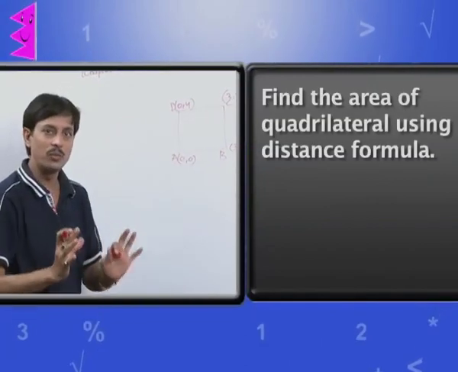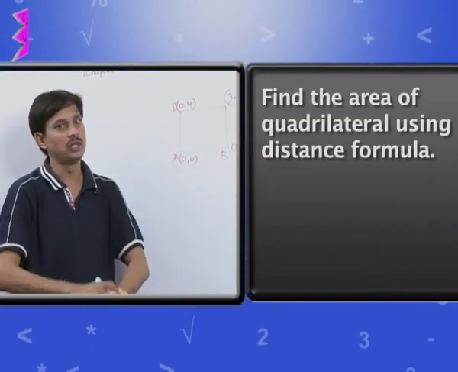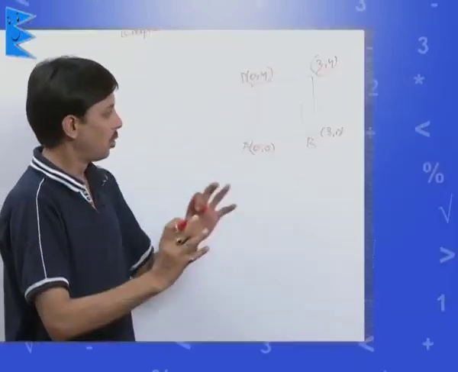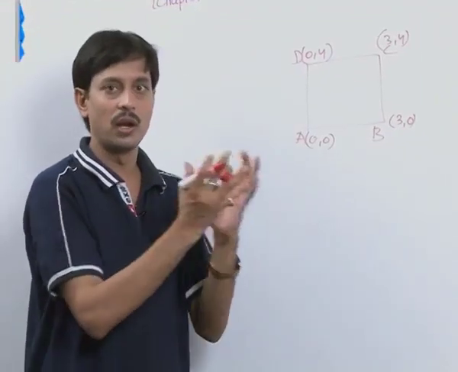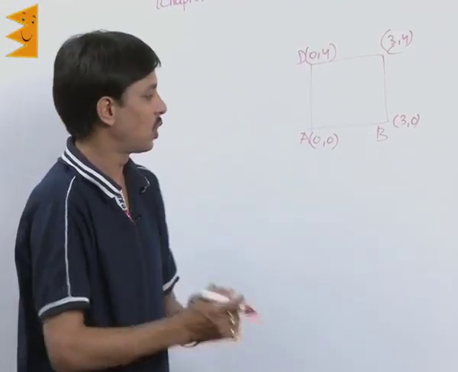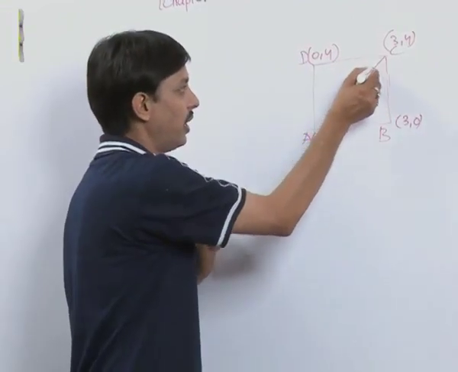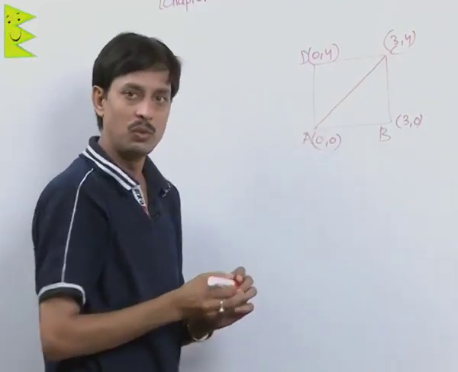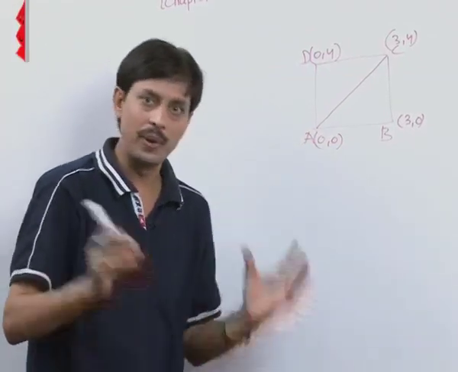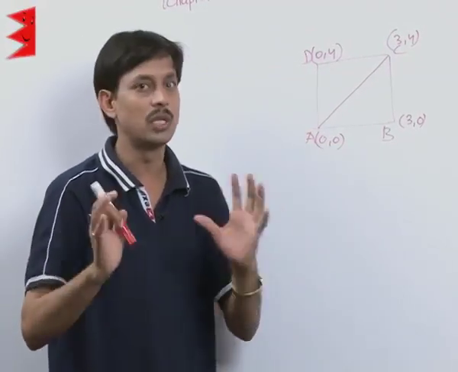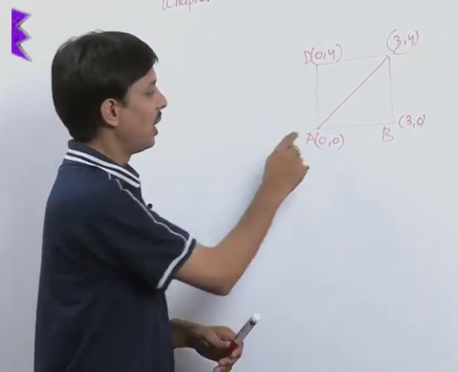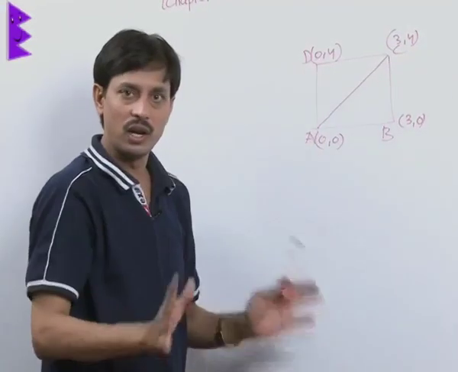Its area we would like to calculate by using the distance formula. To find the area of this quadrilateral, first of all we will join A to C. That is, we will draw one diagonal to separate the quadrilateral into two separate triangles. ABCD is a quadrilateral.